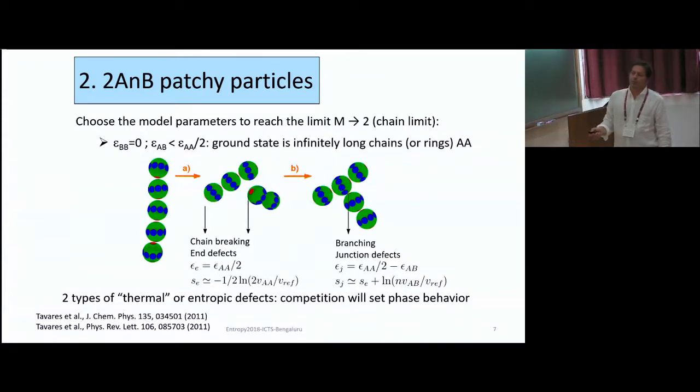So in principle, junctions are entropically unfavorable relative to ends. So you have here a competition between two types of defects, in the sense that they just appear when you have some temperature, and they are not energetically favorable for the system. And this competition will set the phase behavior.